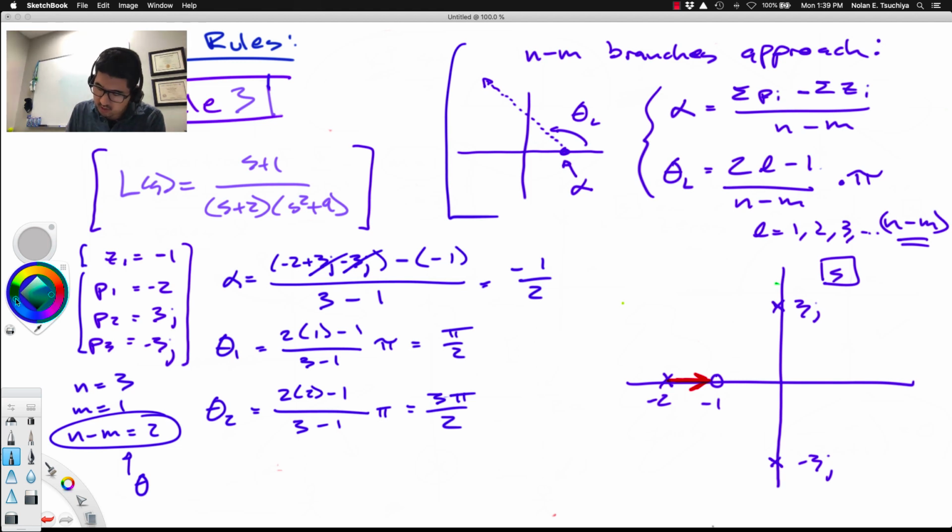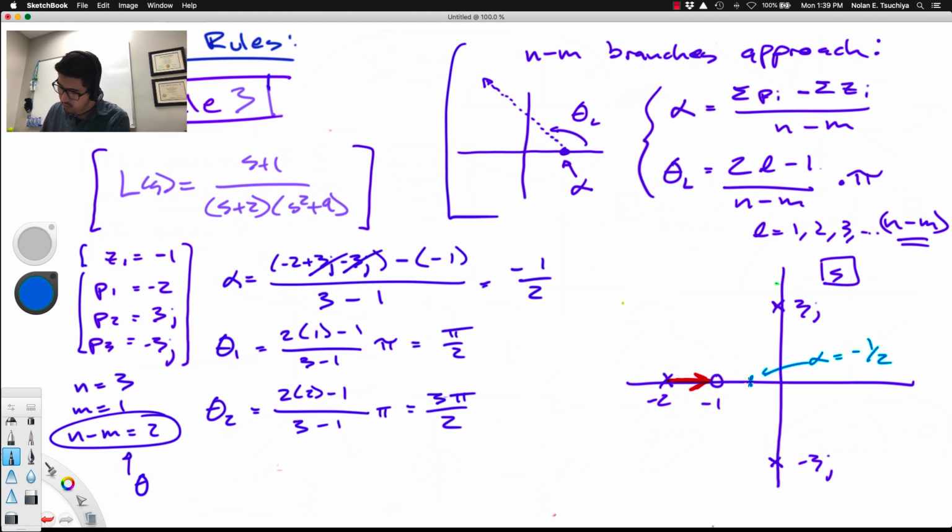Those asymptotes start at alpha. We computed alpha to be minus 1/2, which is somewhere between the imaginary axis and the zero at -1. From that point, we've got one asymptote that goes up at an angle of pi over 2, measured from the positive real axis, and another one at an angle of 3 pi over 2, which is actually going downward at 270 degrees.